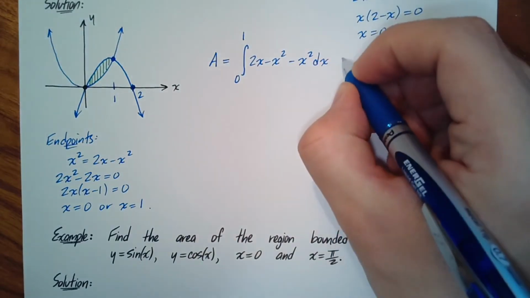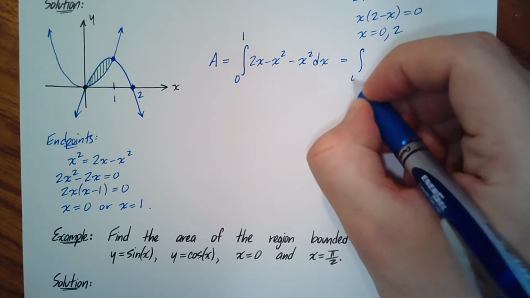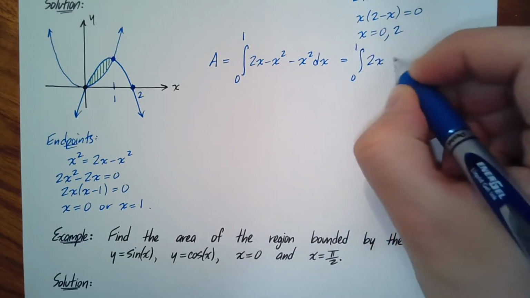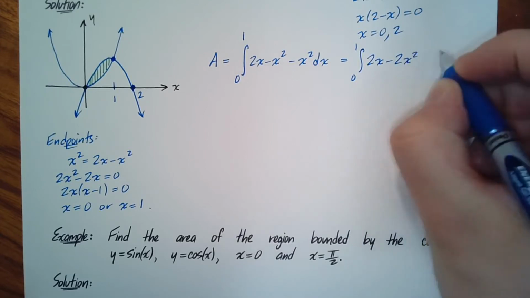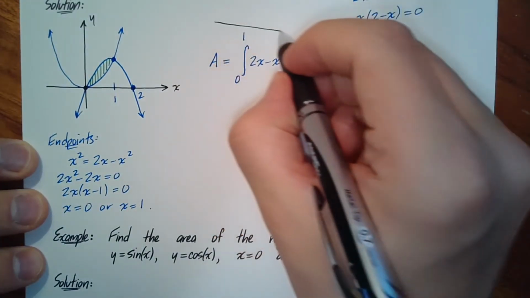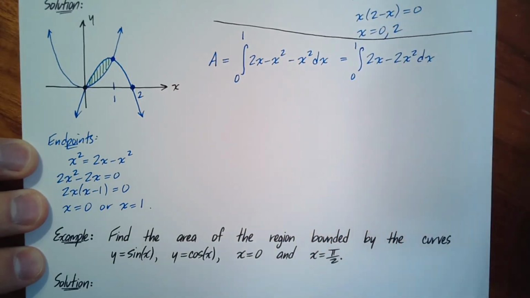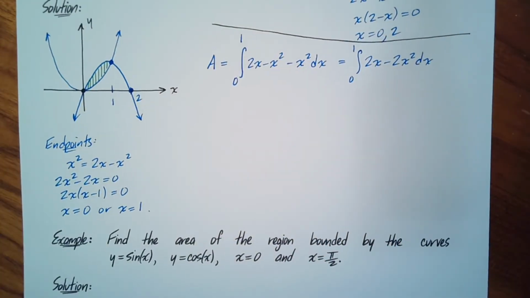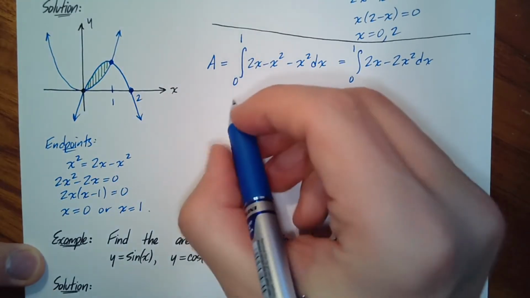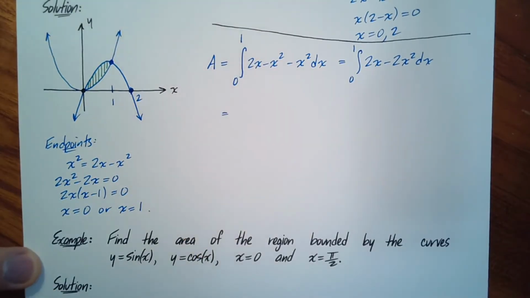So if I clean this up a little bit, I'd have the area from 0 to 1 of 2x minus 2x squared with respect to x. Okay, so that's just combining those last two terms. And then what are we going to have? Well, let's find an antiderivative for 2x minus 2x squared.